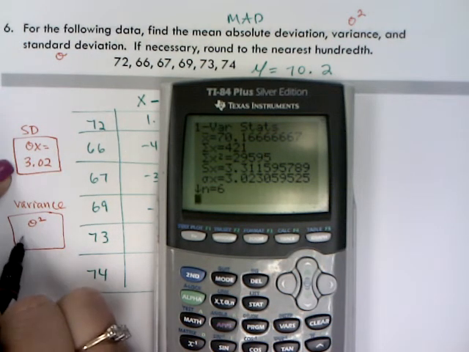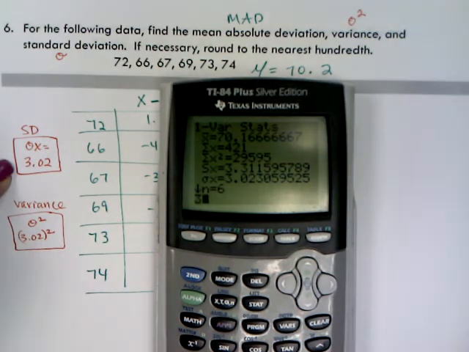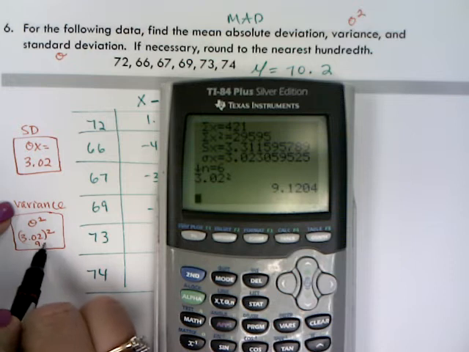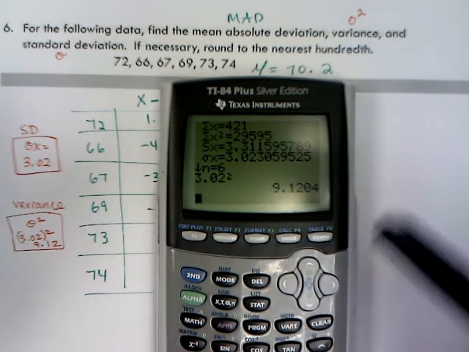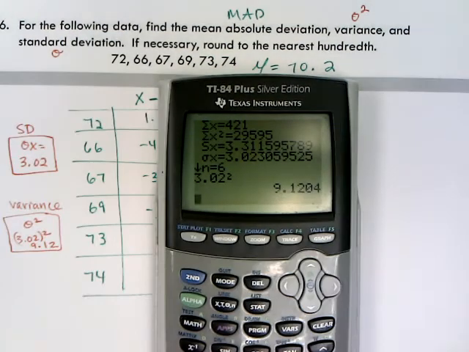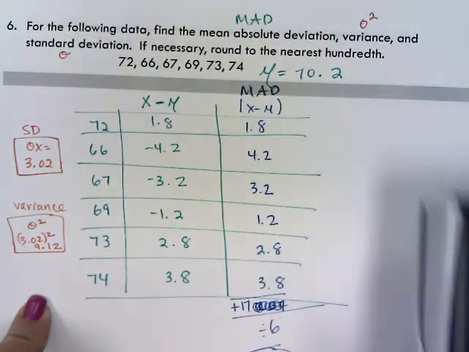So I'm just going to square the 3.02, and my variance should be 9.12. We will double check that in our chart right now. But that's how I can quickly find that on my calculator, because you're going to need standard deviation quickly when you do the z-score. So let's check if we're right.